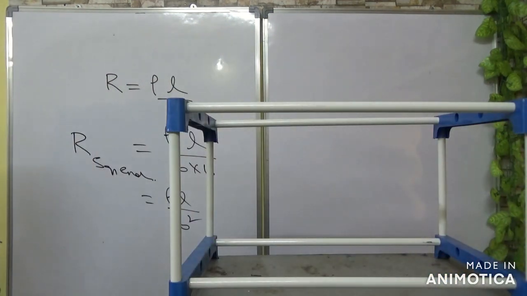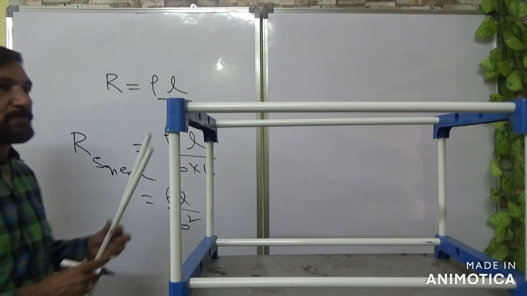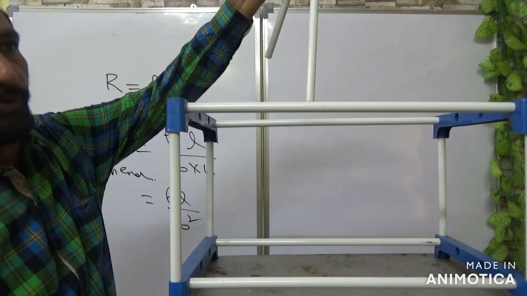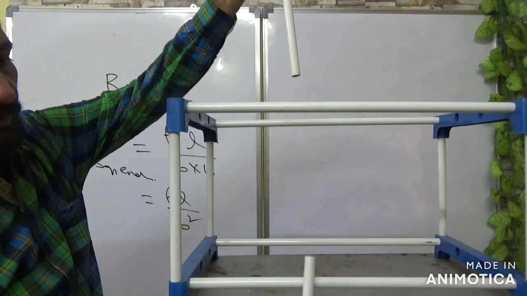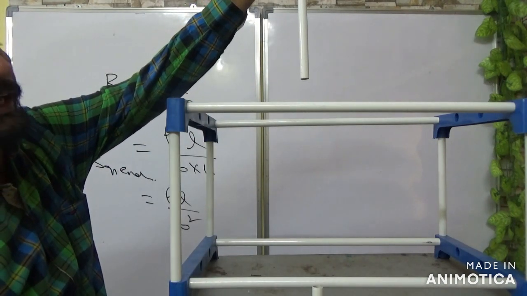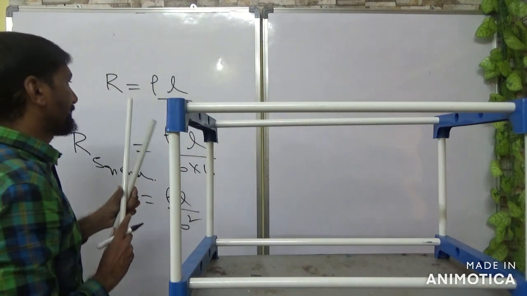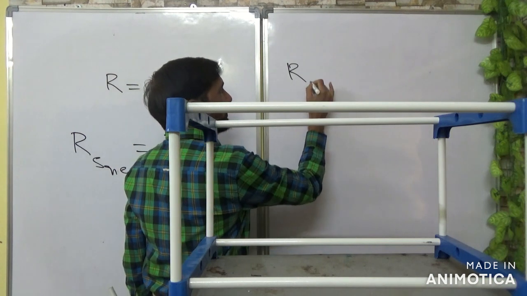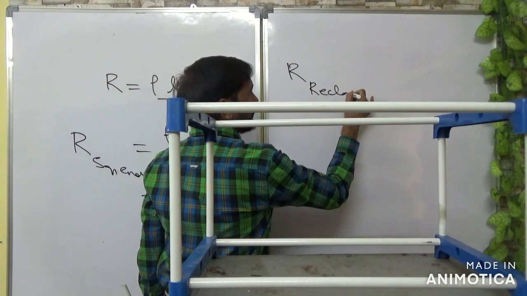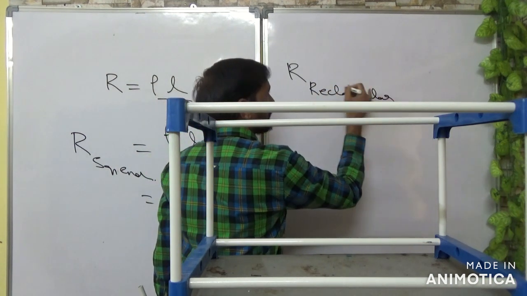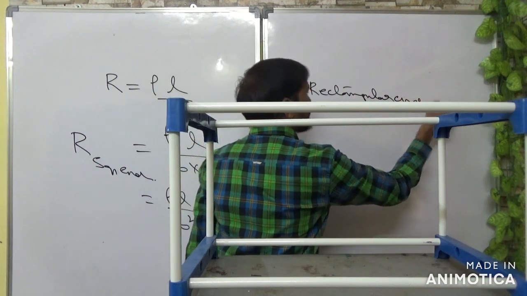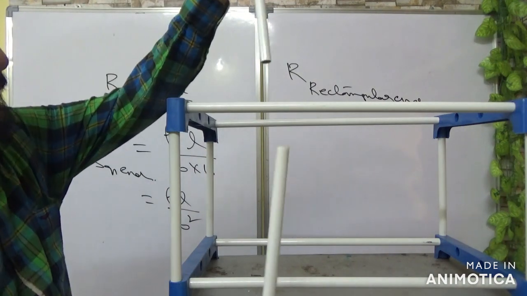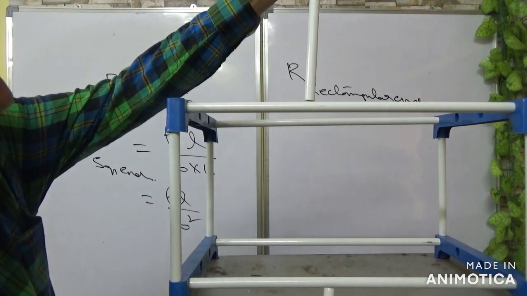Now instead of square ends, say you want to find it between the rectangular ends. Say this is one end, the other end is down, in this way. So if you want to find the resistance between the rectangular ends, the length in this case is the breadth.